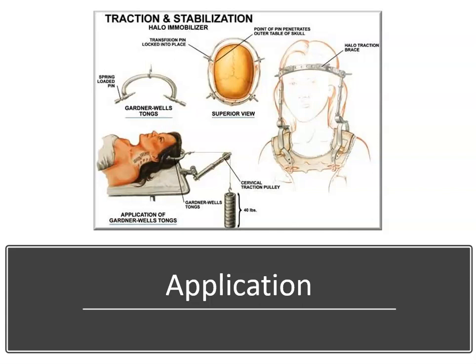So if you start on the bottom of page 122, what you'll notice is that the first code that you have, 20660, is for application of cranial tongs, and notice it includes the removal. Then when you go down over to 20661, I want you to notice that this is an application of a halo, including removal. And then we have 3 options. The standalone code is for cranial, the second code pelvic, the third code is femoral.